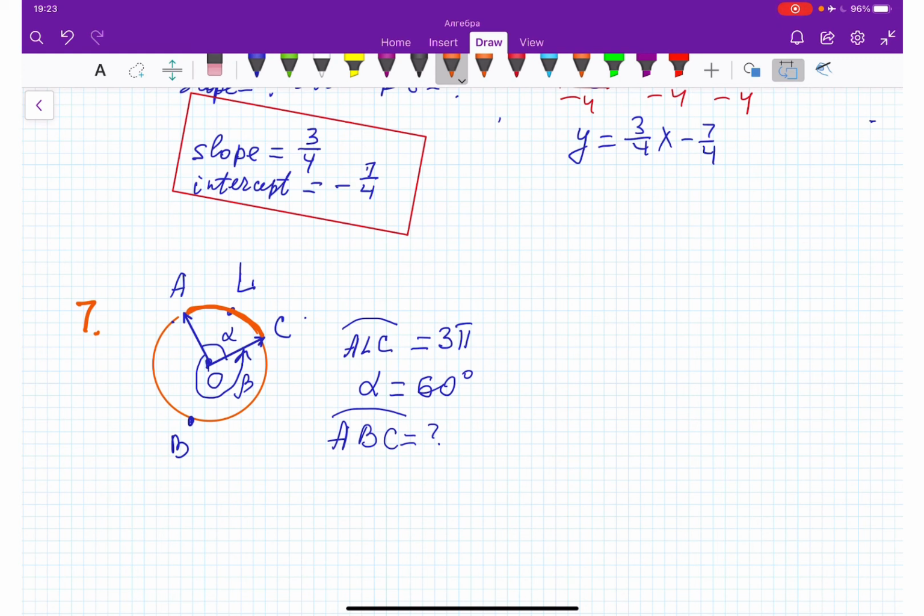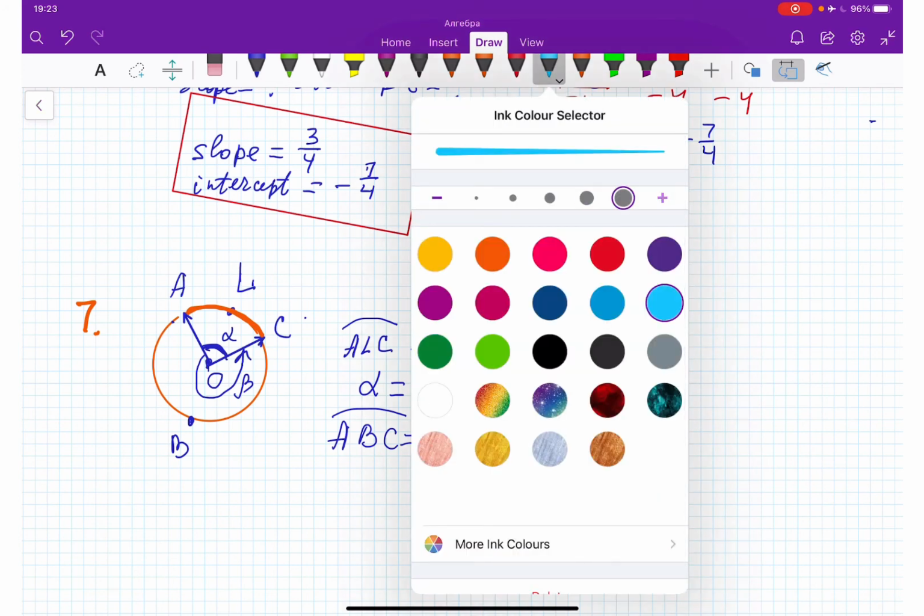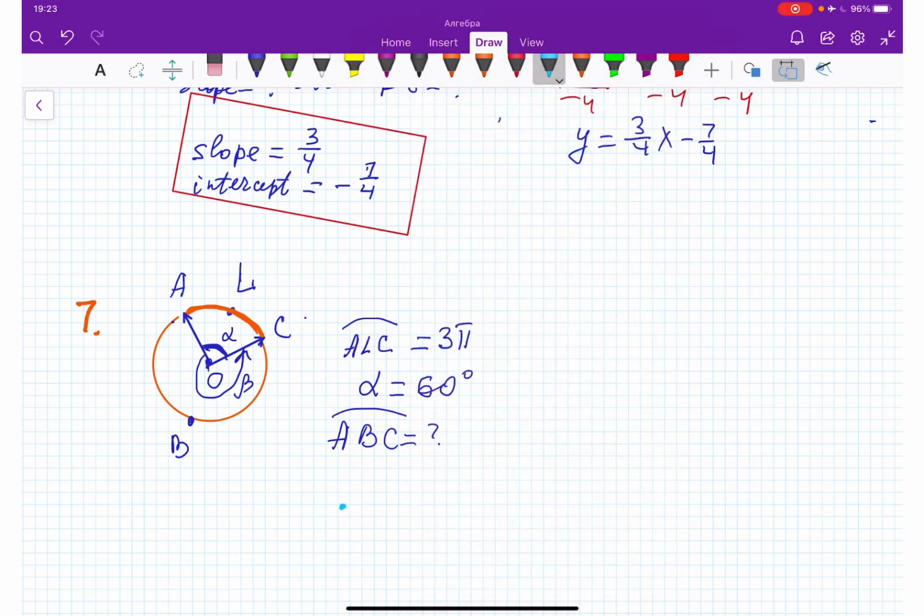And alpha, the angle between OA and OC, is equal to 60 degrees. So we need to find the arc ABC. We need to find this one.